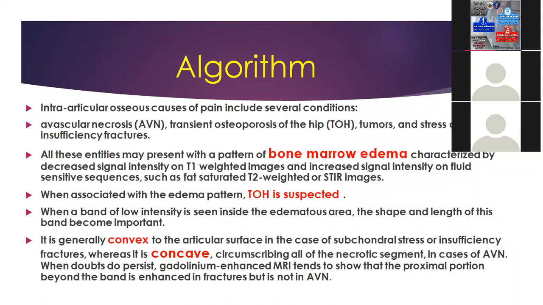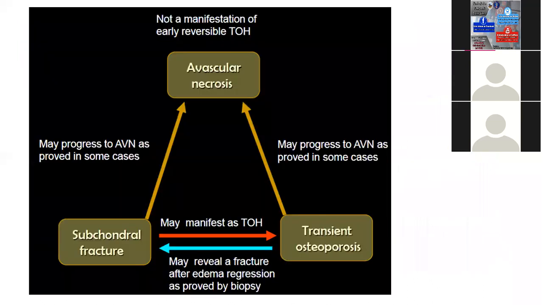If it is convex, it will be a subchondral stress fracture. If it's concave, it is more suspected to be circumscribing the necrotic segment, so it will be avascular necrosis. Moreover, if we give intravenous gadolinium and it does not enhance, it is avascular necrosis. If it is enhanced, it will be stress fracture or transient migratory osteoporosis.